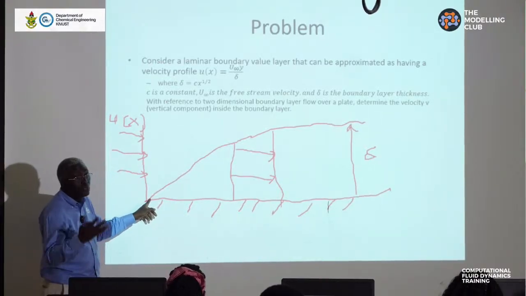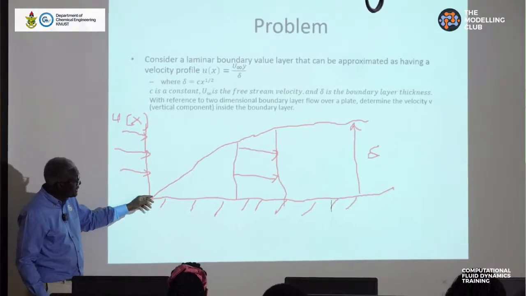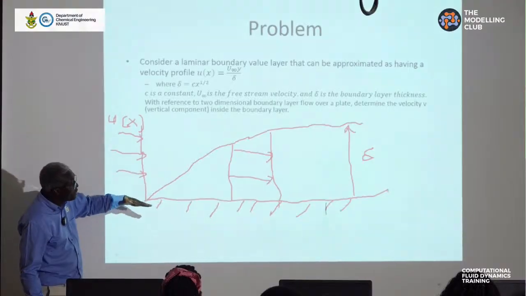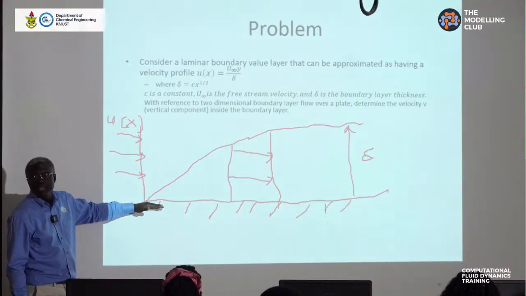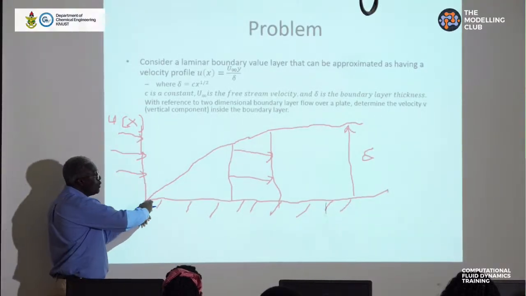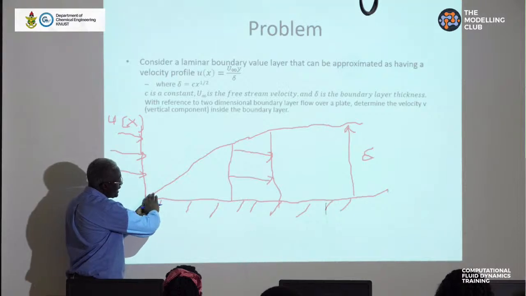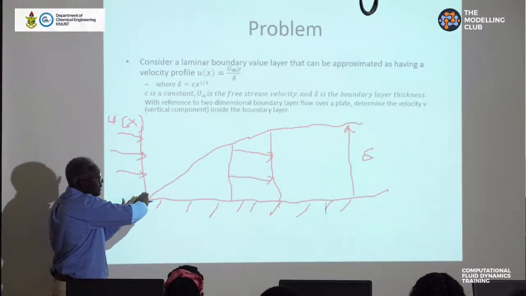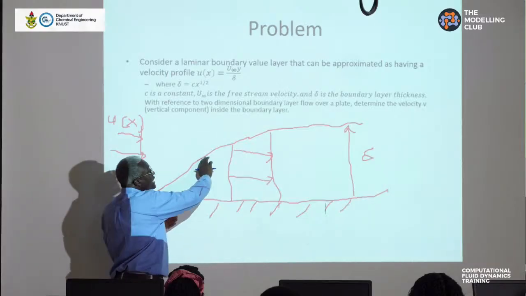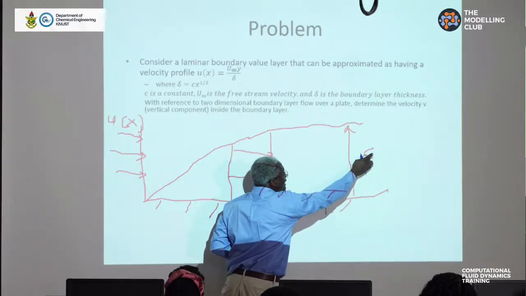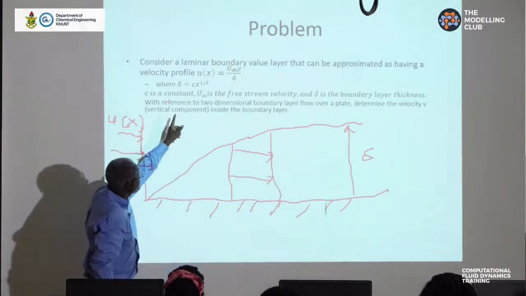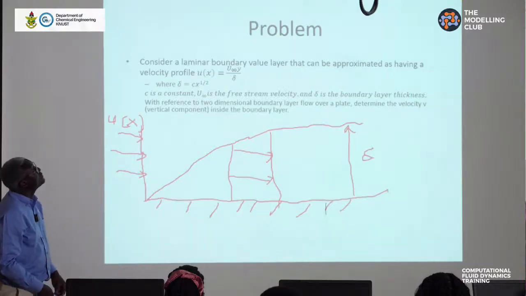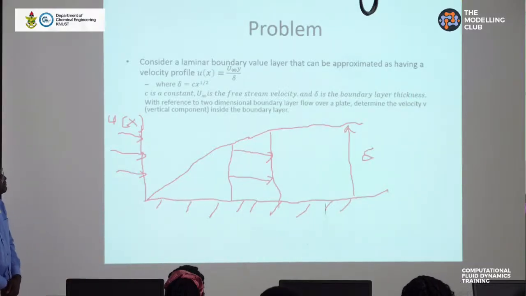Because of no slip, we are saying that on the surface the fluid sticks to the plate when it enters, and so with time, as the flow moves and causes shearing in the fluid, the boundary layer would grow by a value del given by C times x to the 1/2.